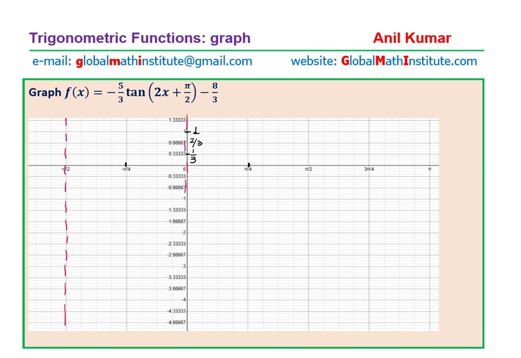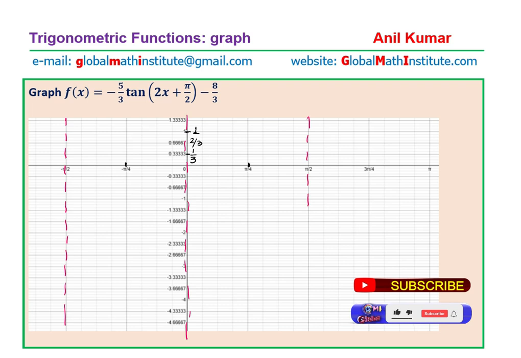I'm only sketching one graph. We know this is periodic, right? Periodic with pi by 2 as the period. So that will be the second, third wave which you can continue. Is that clear to you, right? So our focus will be in sketching only one of them.